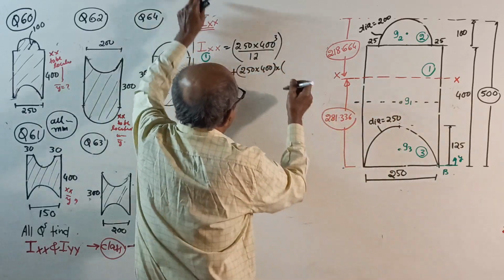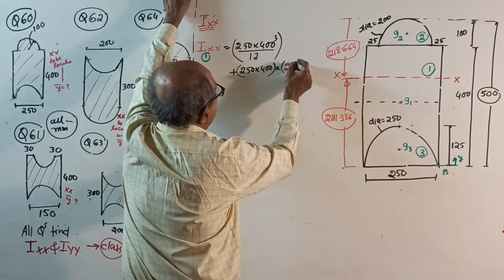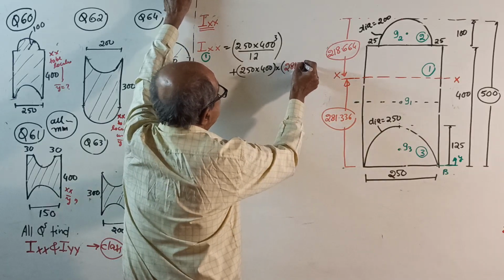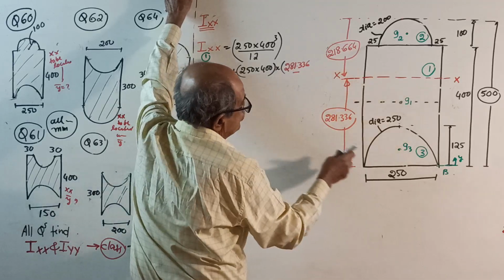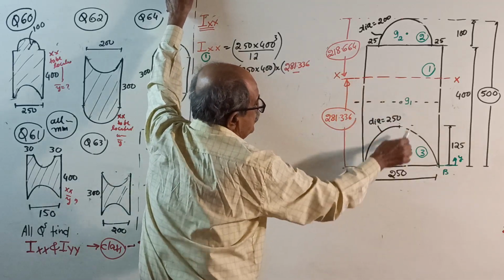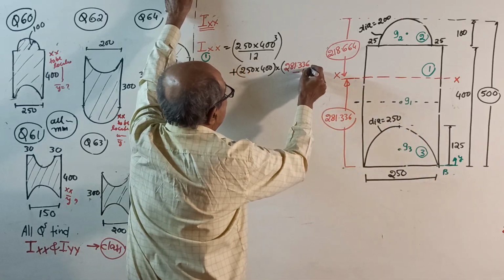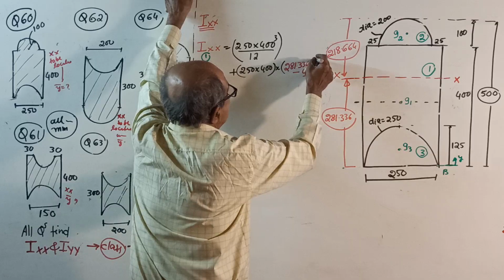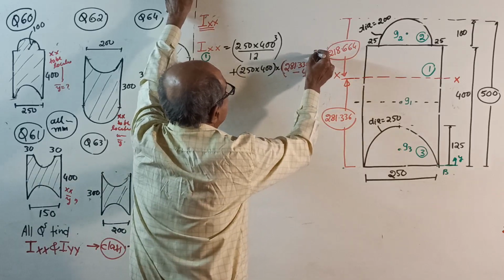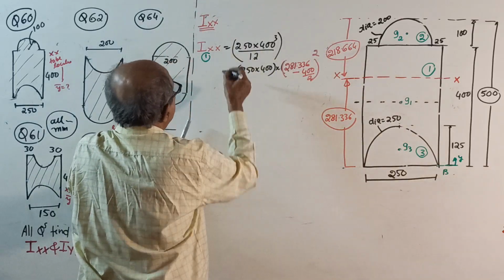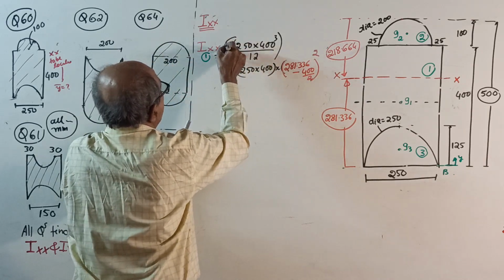That distance is 281.336 minus, from the centroid to here is half of 400, 400 by 2, that much to be squared. This will give I about xx for part number 1.